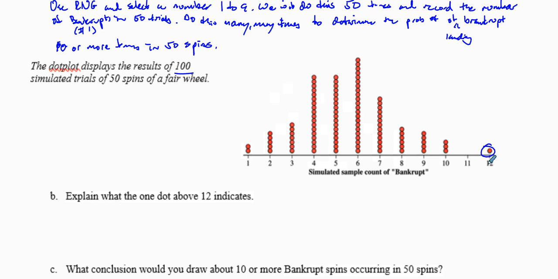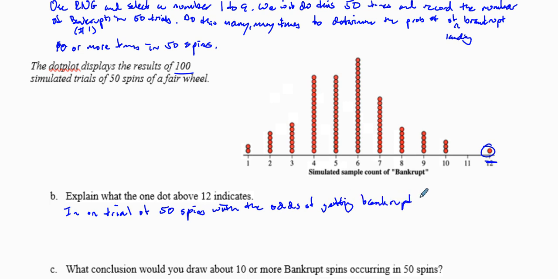That one dot means in one trial of 50 spins, with the odds of getting bankrupt 1 out of 9, the number of times bankrupt was spun was 12.